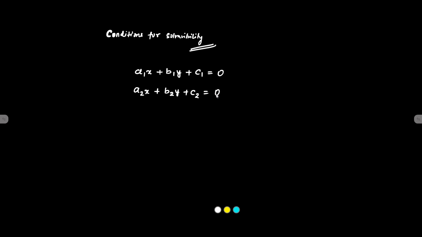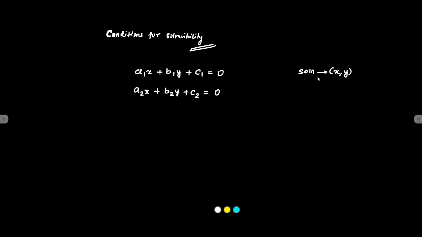Now, so far the methods that we have used to solve it are for a unique solution, a single solution. So how do we determine the number of solutions, the pairs of values of x and y? A solution here means an x and y value pair.